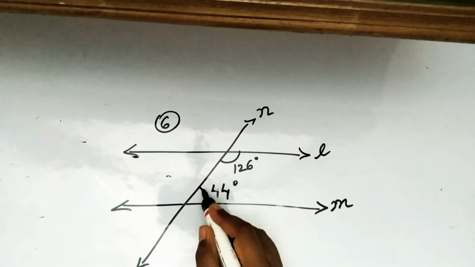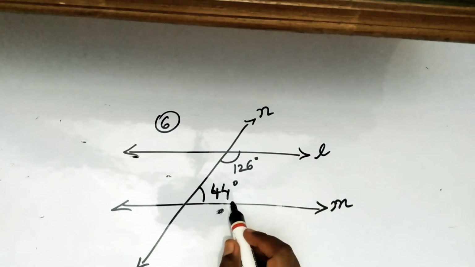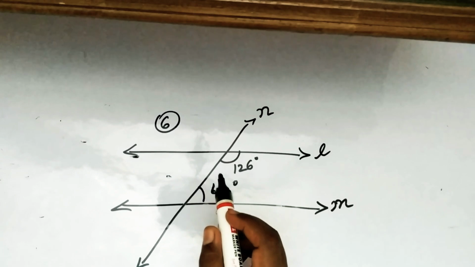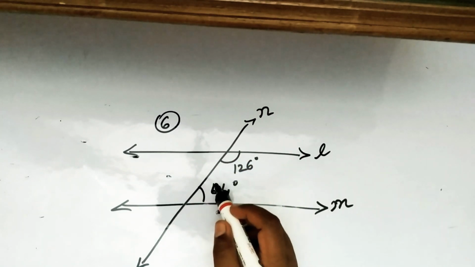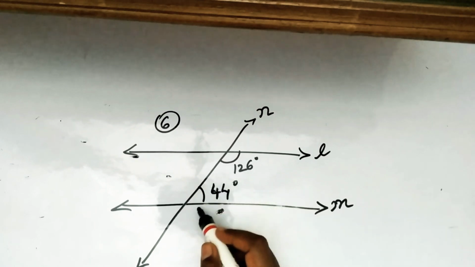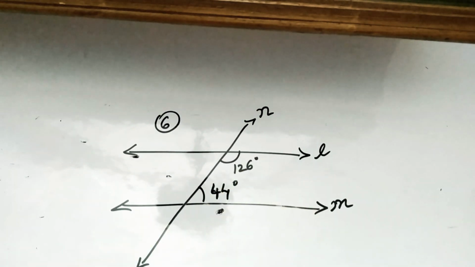For example, over here these two angles are given, 126 and 44. The third theorem states that when a transversal cuts two lines such that the pair of interior angles on the same side of the transversal are supplementary, then the lines are parallel, right? So this is the converse of the third theorem.